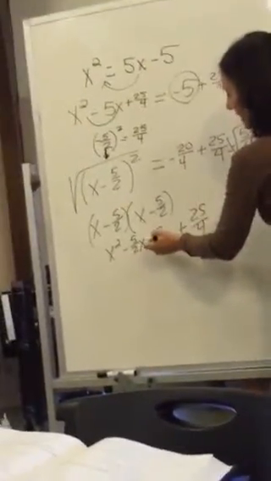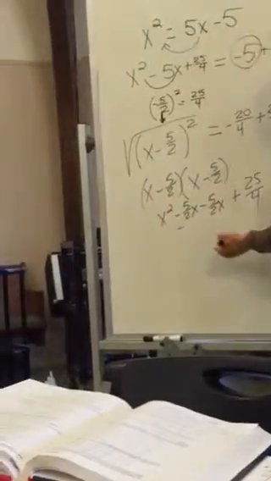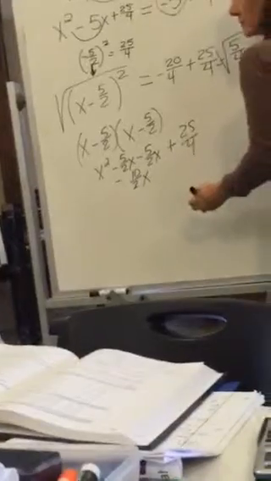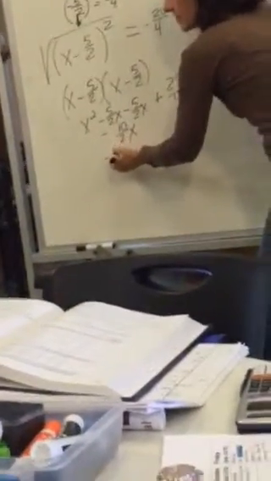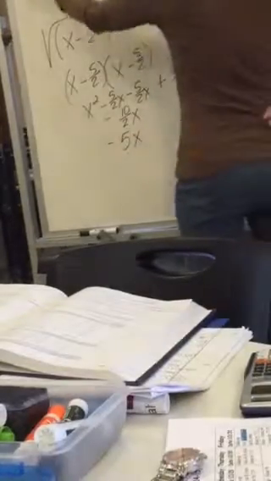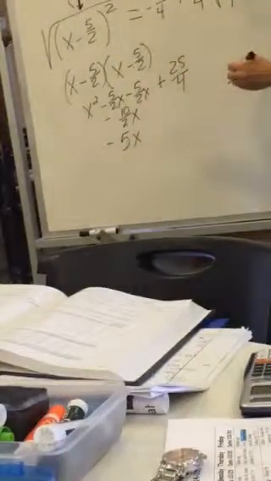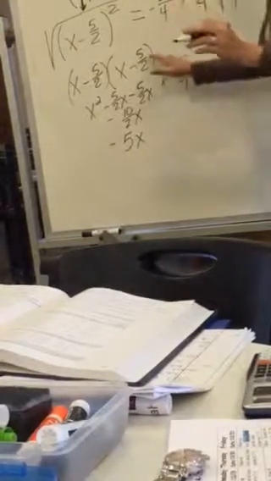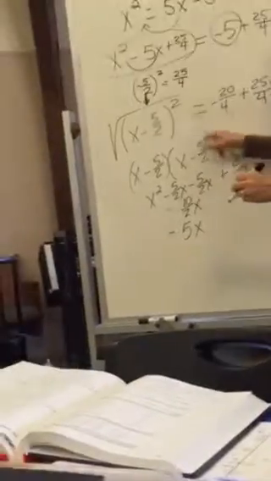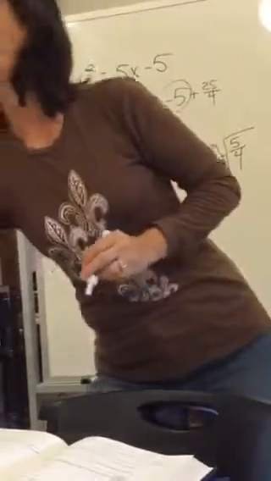A negative times a negative is a positive, that's 25 fourths. I can add these: minus 10 halves x, and 10 over 2 is 5. Look, x squared minus 5x plus 25 fourths. I'm proving that it is x minus 5 halves, right?